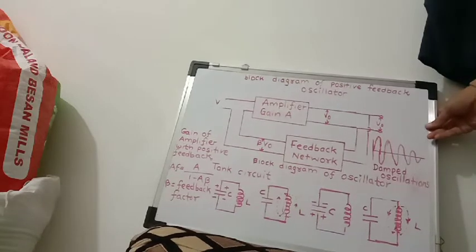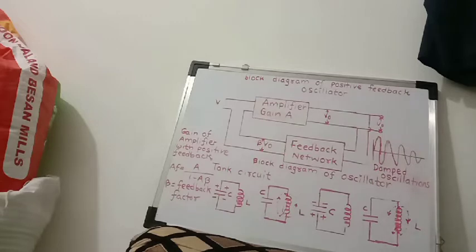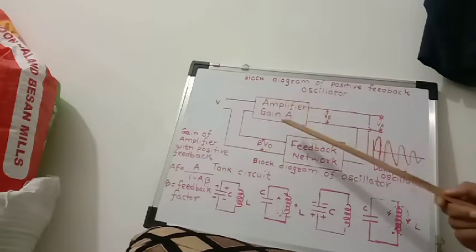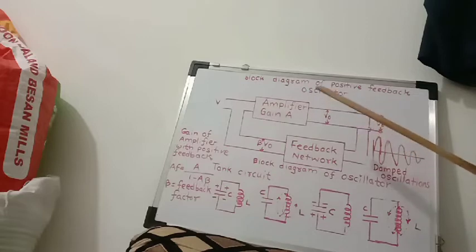Block diagram of a positive feedback oscillator. An oscillator is basically an amplifier with positive feedback.